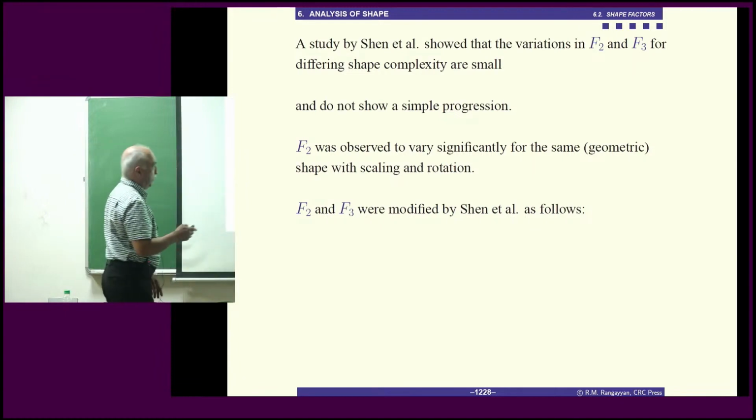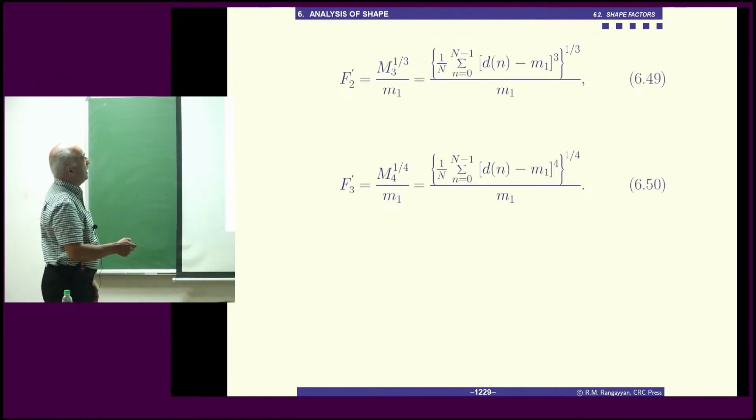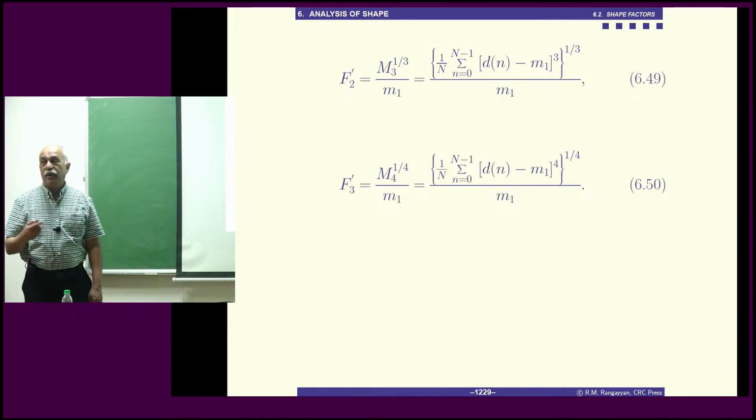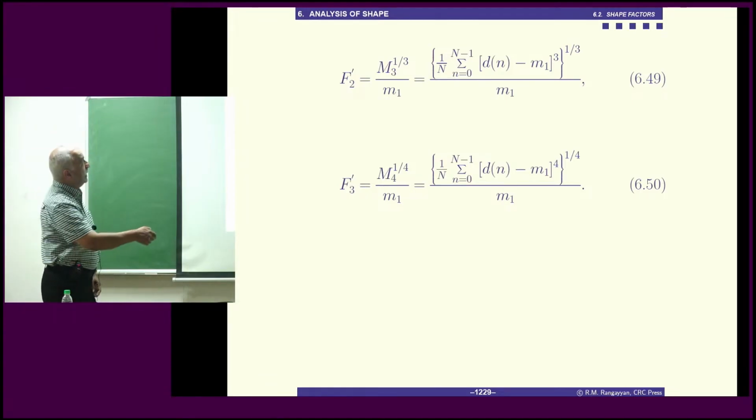Liang modified F2 and F3, and changed the normalization. So all of them are normalized by M1 now, instead of the variance to the power of P over 2. And for the numerator, which is the fourth order moment, we took the fourth root of that. So the dimensions must be the same.